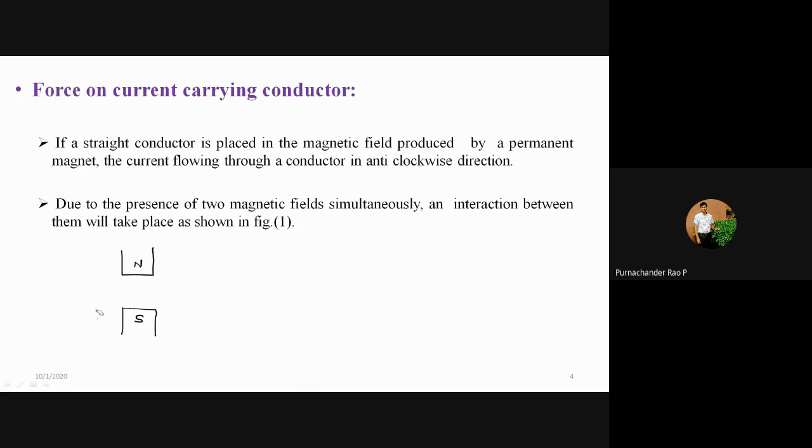Okay, and this is producing the required amount of magnetic field like this. Now I will consider one conductor which is placed in the magnetic field. This conductor is placed in the magnetic field, and this conductor is not carrying any current.